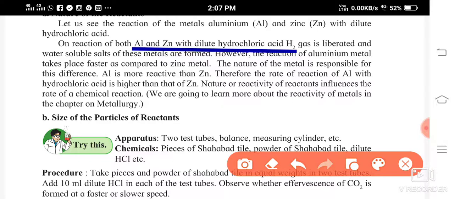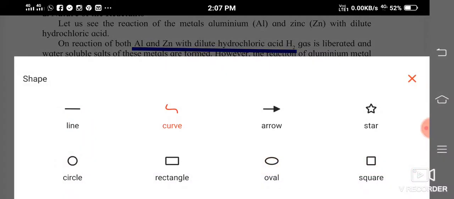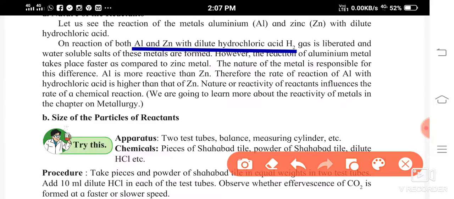In both the cases, hydrogen gas is liberated and their respective salts, aluminium chloride and zinc chloride, are formed. But aluminium is more reactive than zinc, so the reaction of aluminium with hydrochloric acid is going to be fast when you compare it with zinc.